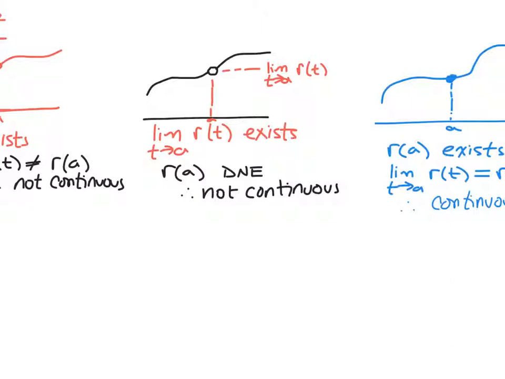Or you could look in the table and see if there's any undefined or imaginary components. Same idea for a rational function. You type in 1 over x and you see that there's an error at x equals 0. Okay, it's not continuous. You look at the picture, you see a big old vertical asymptote there, and you say it's not continuous. So what is really the benefit of this?